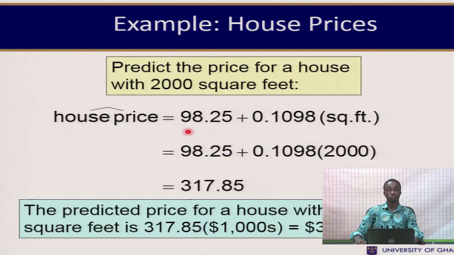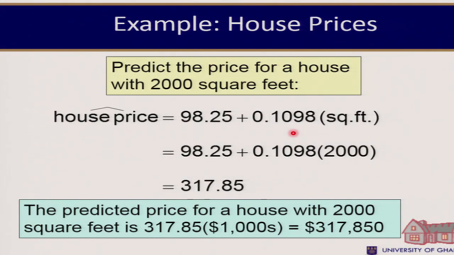Based on the regression model, house price is equal to 98.25 plus 0.10977, which has been rounded up to 0.1098, times the square feet. Since the square feet is 2,000, we put in the value of 2,000 in place of the square feet and solve, and we have 317.85.